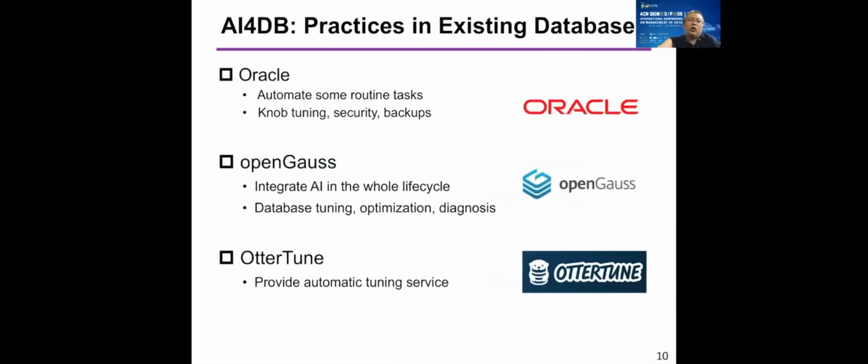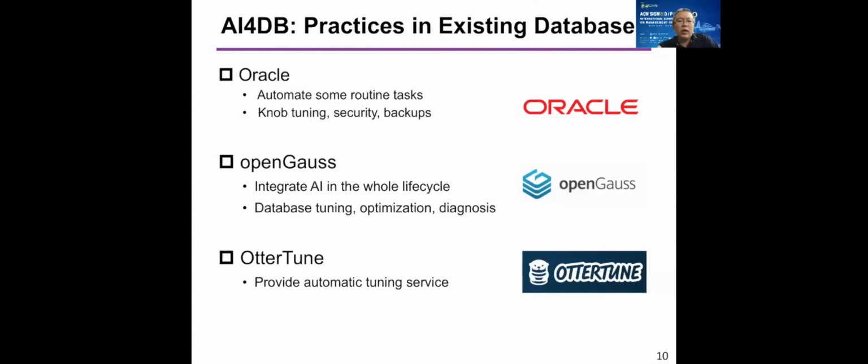And there are some database systems that also try to utilize machine learning techniques to enhance the database. For example, Oracle wants to tune knobs and recommend views. OpenGauss is a new database that also utilizes AI techniques to optimize the whole life cycle of the database system, including database tuning, index and view advisors, and they are also working on cardinality estimation and join order selection.